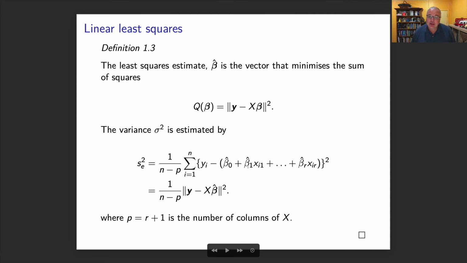So altogether I had beta 1 up to beta r, plus an intercept, so p is going to be r plus 1. That's the rough rule of thumb: every time I put a guess in here, I lose a degree of freedom. So here I've made r plus 1 guesses.